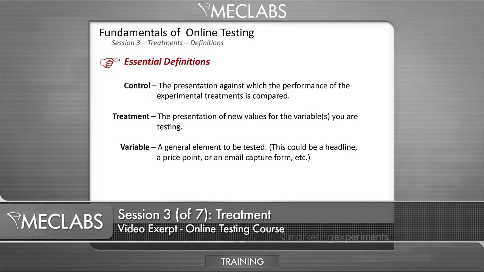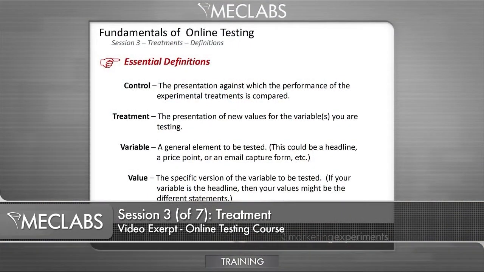A variable is, let's suppose you were testing headline color. Headline color would be the variable, and the values would be red headlines, green headlines, and blue headlines. Let's suppose you were testing calls to action. Well, if the call to action is your variable, then your values might be sign up now, click here, learn more, reserve your free seat.